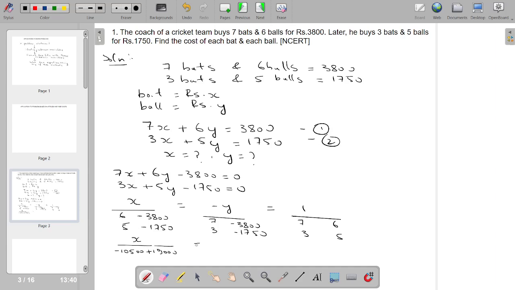I'm going a little bit fast here, because we have already discussed the cross multiplication method in our previous sessions. 7 into minus 1750 is minus 12,250, minus into minus plus 3 into 3800 is 11,400. 1 by 7 into 5 is 35, 6 into 3 is 18.